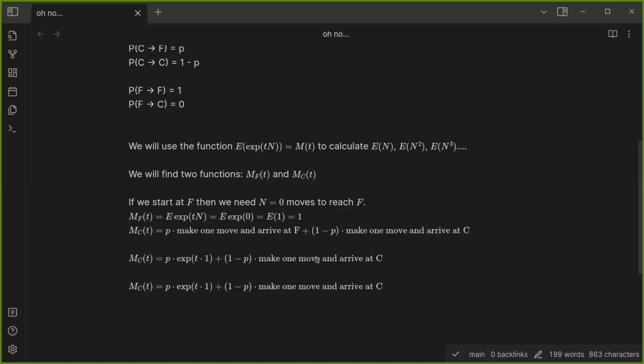Okay. The case with probability P just gives me N equal to 1, and I plug in N equal to 1 into my exponent. Exponent of T times 1 is exponent of T. What will happen, it's very interesting, if I go back into the original node?